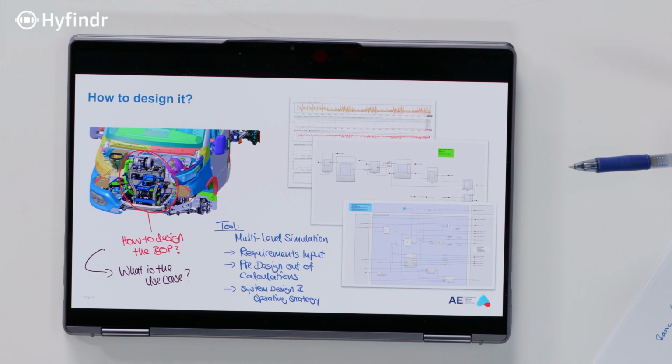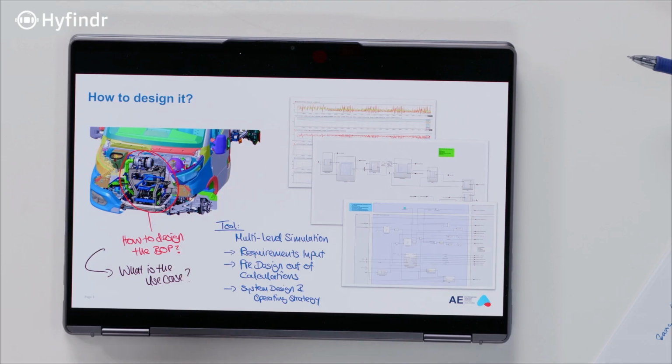Now we can create different concepts to make the system very efficient, for example to find components that are very efficient. Or we can decide whether we want to run it in a static operating mode or more dynamically. These are different concepts, and we have the KPIs on hand to decide.